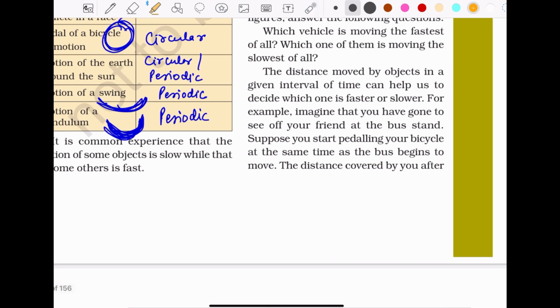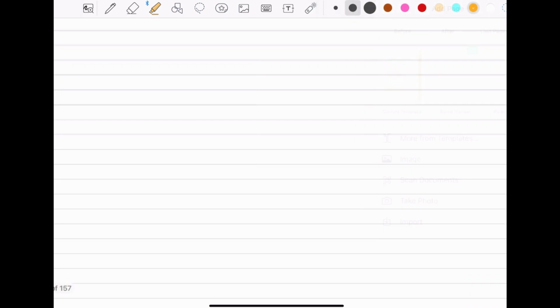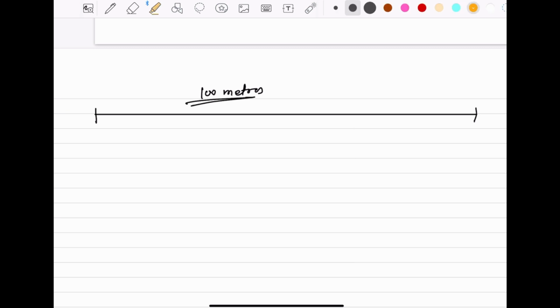Now we'll understand this situation. They are saying that we have a fixed distance. Okay, my distance is 100 meters. Now we have this car, let this be the bus, and let this be the cycle.